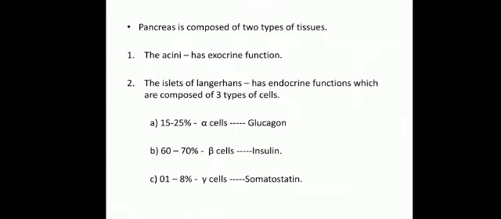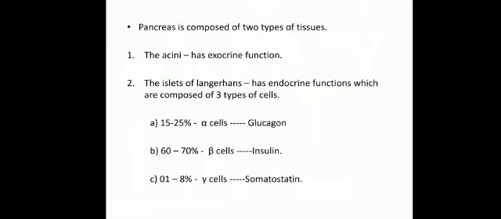You can see that the exocrine part of the pancreas, which was 80%, contained the acini cells, and the endocrine part of the pancreas, which was 20%, is composed of the islets of Langerhans, which consist of 3 types of cells. The major content, or 80% of the islets of Langerhans, contains the beta cells, which secrete insulin.